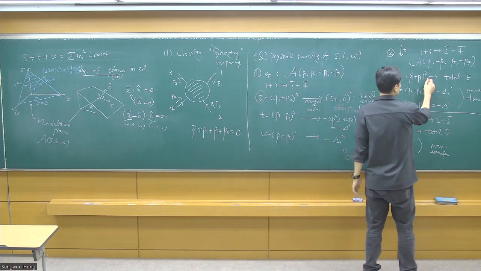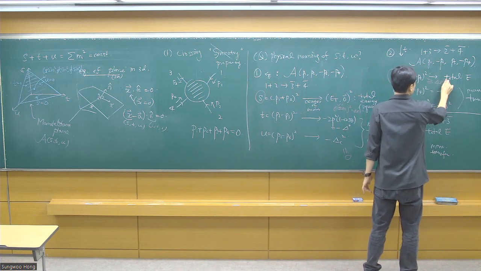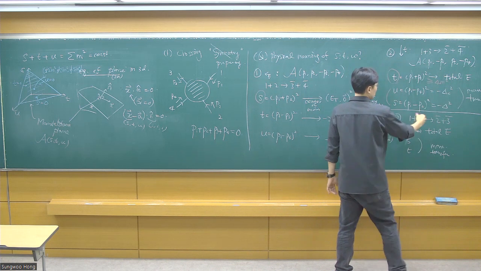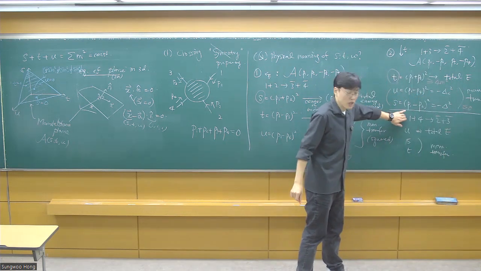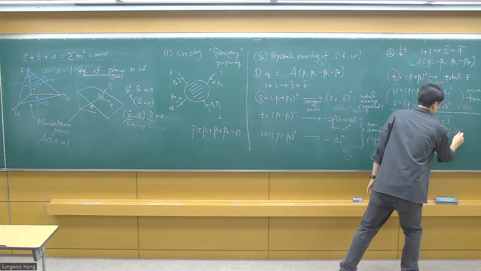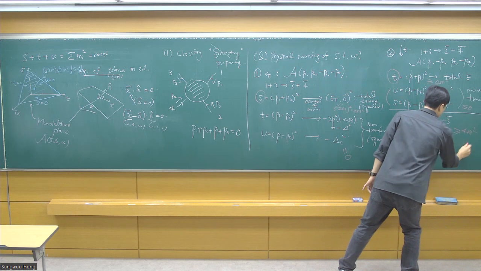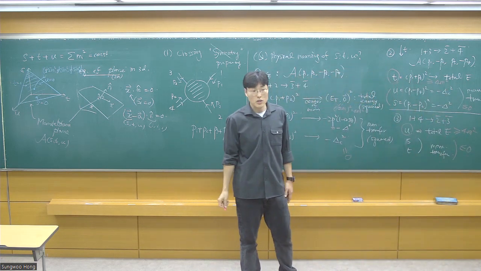Once again, this is going to be equal to or greater than 4 times m squared, but the other two are going to be less than or equal to 0. Finally, if I look at this channel, then U plays the role of total energy, once again equal to or greater than 4m squared. But the other two, which play the role of momentum transfer, should be less than or equal to 0.